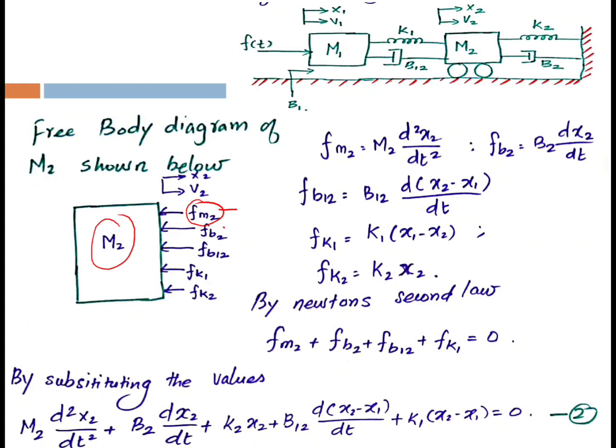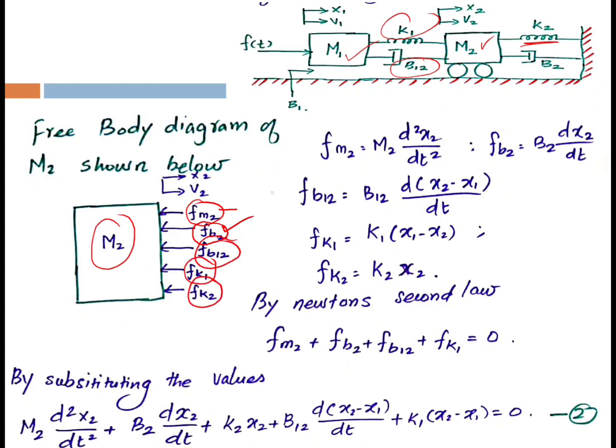So Fb2 is related to the dashpot connected to the reference, and K2, that is the spring, is connected to the reference, and K1 and B12 are common to M2 and M1, that is node 1 and node 2. So we have listed the opposing forces on M2, that is Fm2, Fb2, Fb12, Fk1 and Fk2.